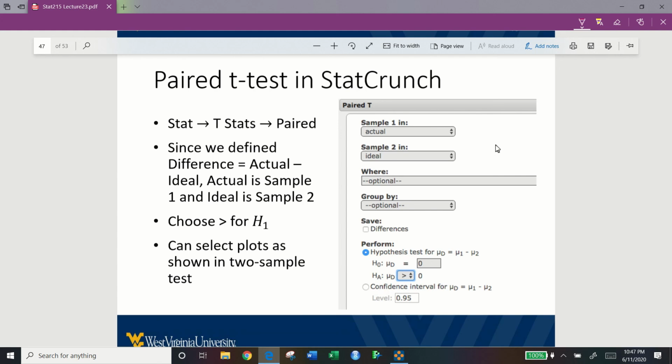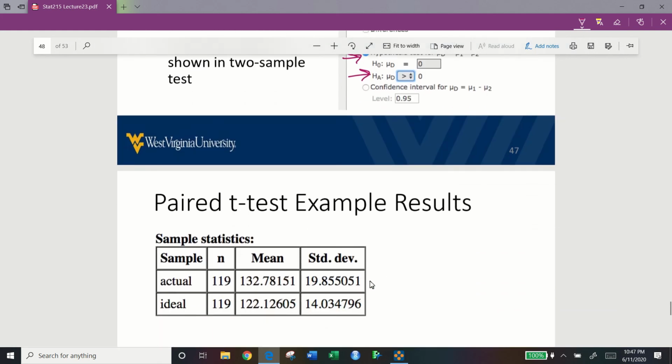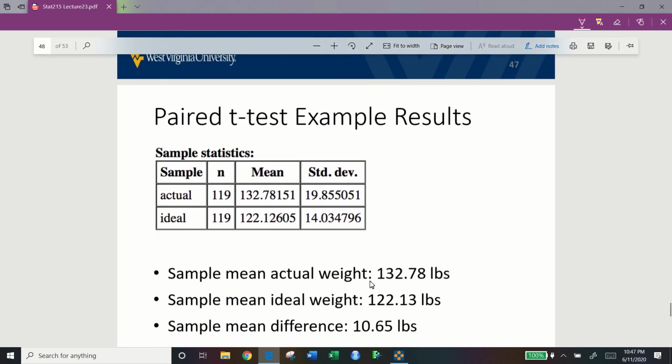Be careful not to switch this up because it can affect your results. Then we will need to select the hypothesis test, which should be there automatically, and then adjust for the correct alternative hypothesis. We may choose to select our plots shown in our two-sample test, but that's up to you.